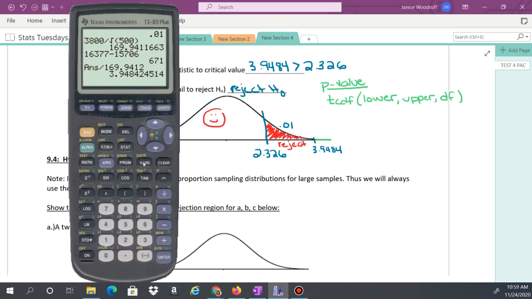So you go second distribution. TCDF for me is number 5. And then if you have the 84, it's going to pull up lower, upper, and you enter those in. So for me, it is 3.9484, comma, 99, comma, 499 for my degrees of freedom.